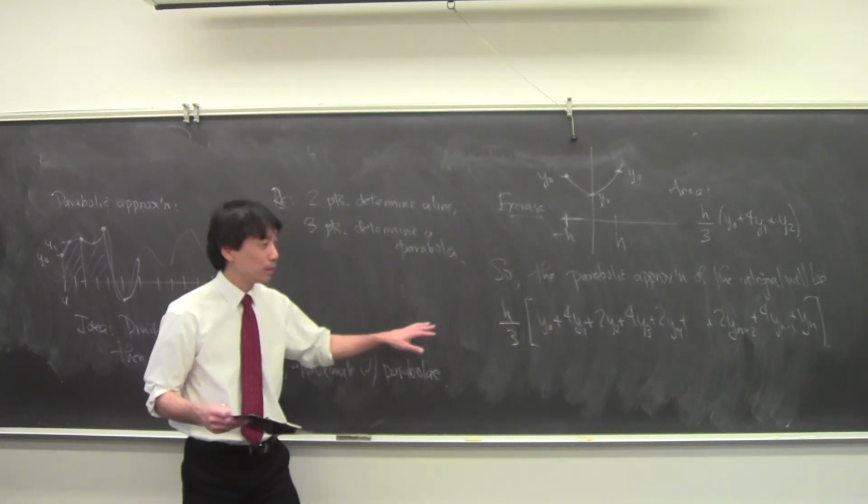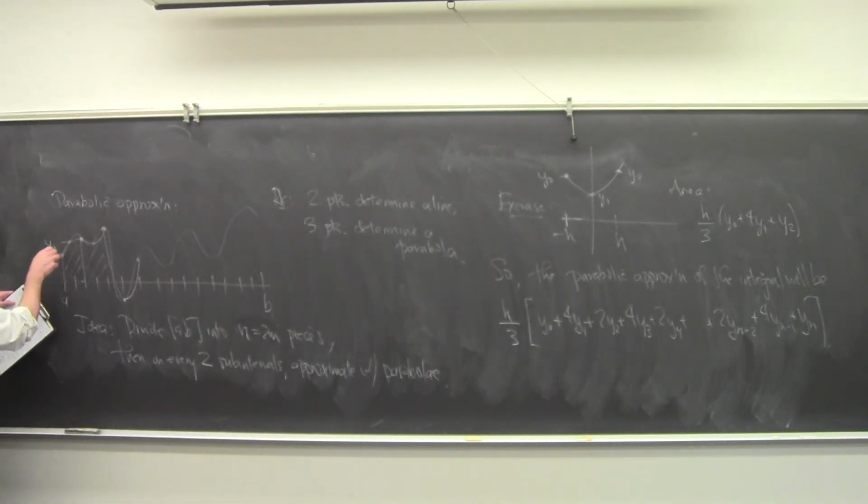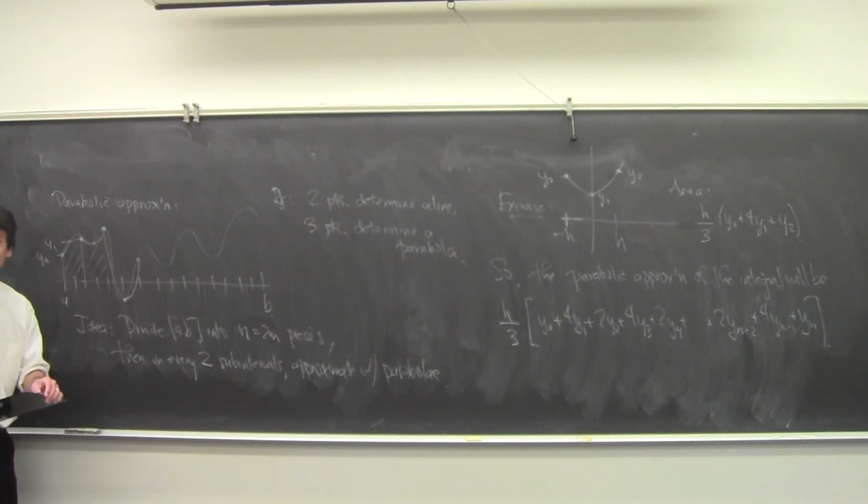Does that make sense? On each parabola, from here to here, y0, y1, y2. Sorry, people are still copying.